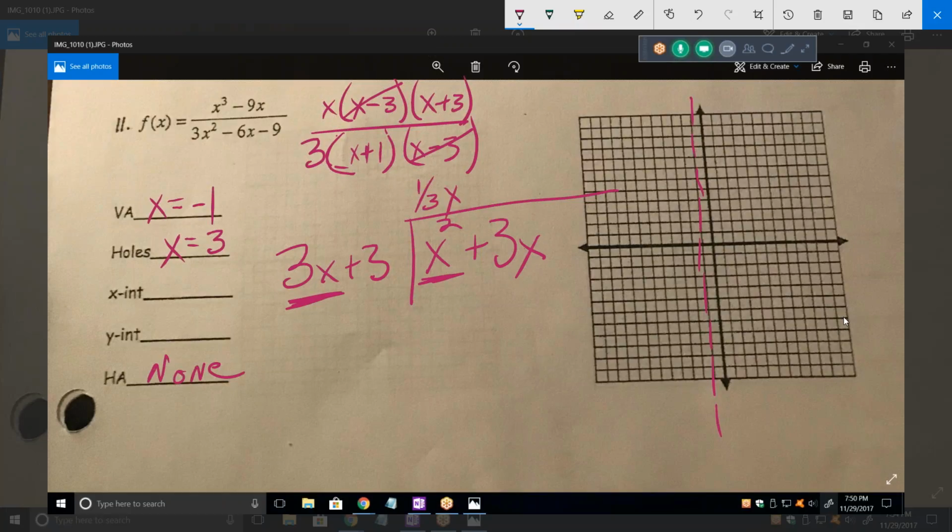Now I multiply my 1/3 x by both terms. That gives me x squared plus x. Subtract, I get 2x. Now I divide 3x into 2x and I get 2/3.